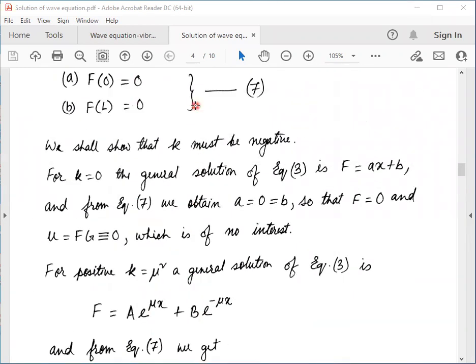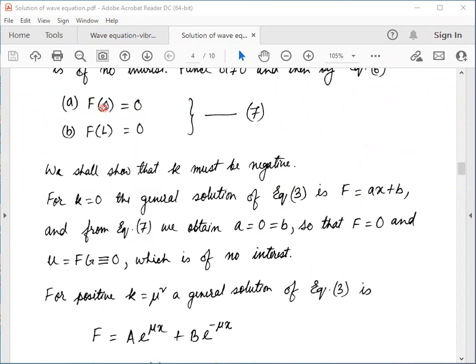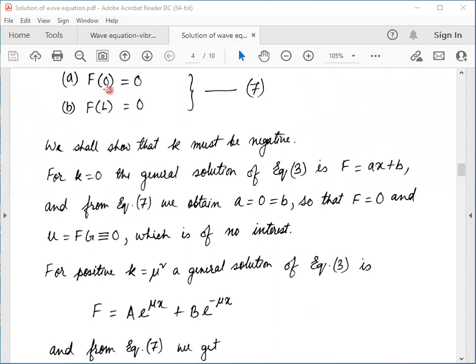And then we use equation number 7, which is this condition. When you put x equal to 0, f should be 0. So when you put x equal to 0, both terms become e to the power 0, and e to the power 0 is 1.